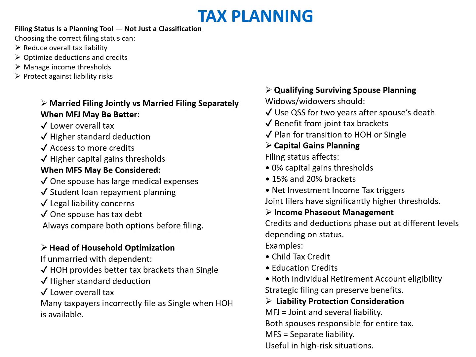But let's say tax planning for married filing jointly versus married filing separately. When married filing jointly is better: definitely it's better because of lower overall tax, higher standard deduction, access to more credits, and higher capital gains threshold. But sometimes married filing separately seems to be a better option, specifically if one spouse has large medical expenses.